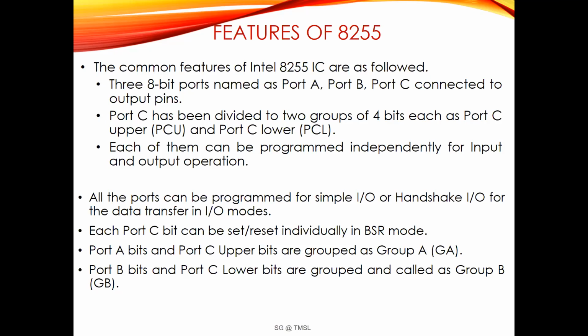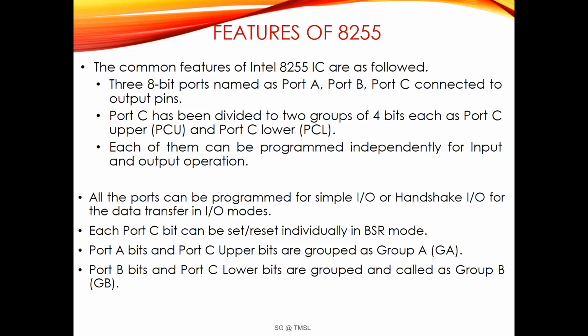There are two modes primarily in 8255: the simple IO mode and BSR mode. In IO mode, port A, port B, port C, all ports can be used. But in BSR mode, BSR means bit set reset mode, only port C is available. Port A and port B cannot be used.